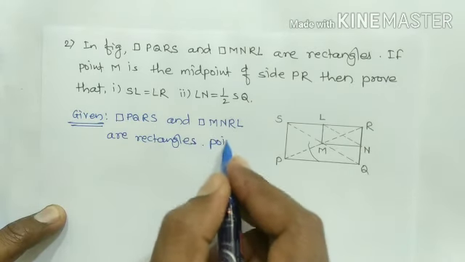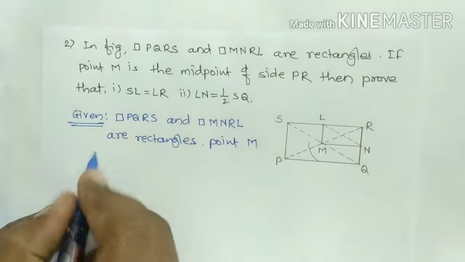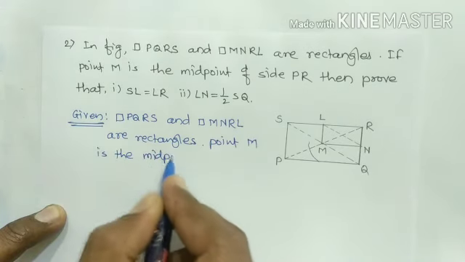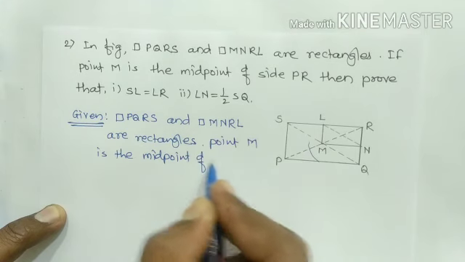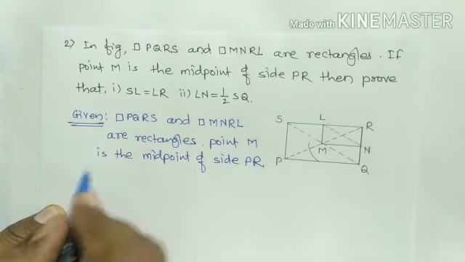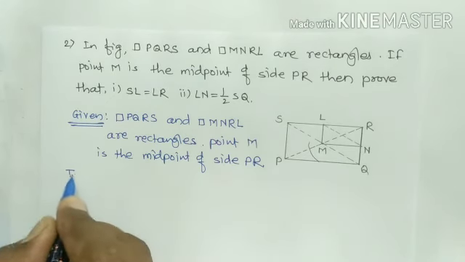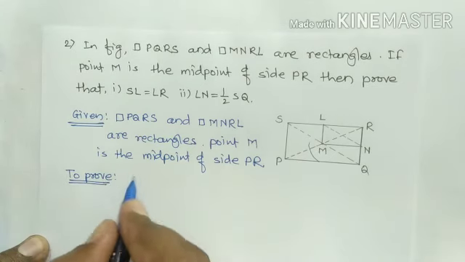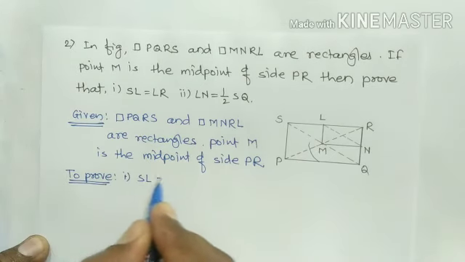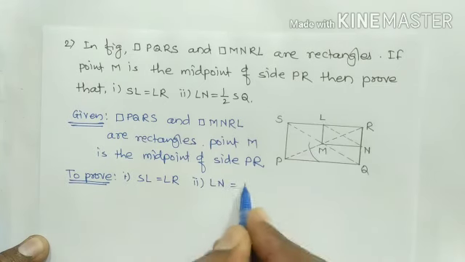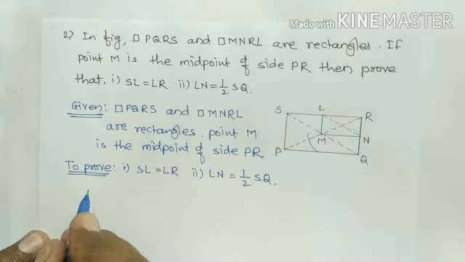Point M is the midpoint of side PR, and from this we have to prove that SL equals LR and LN equals half SQ. Now here we write the proof.